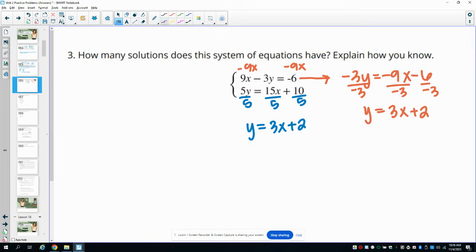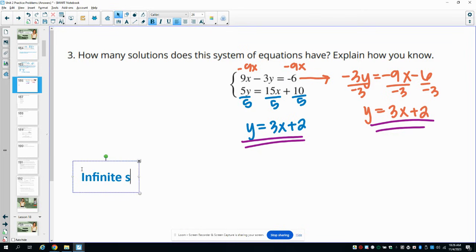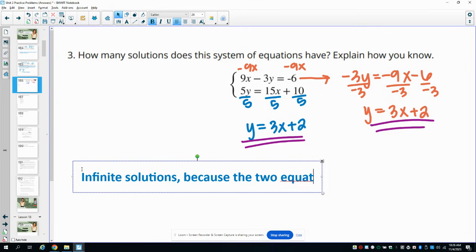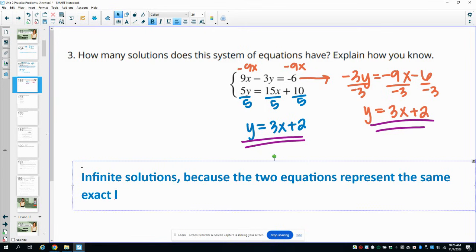And then we can see that these two equations are the exact same line. So that means that the solution to this system is going to be infinite because these equations are the exact same. So there's infinite solutions because the two equations represent the same exact line.